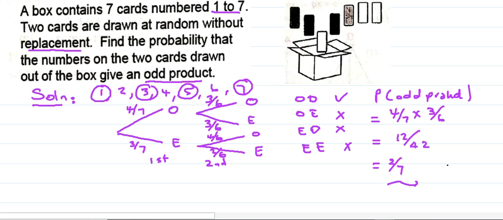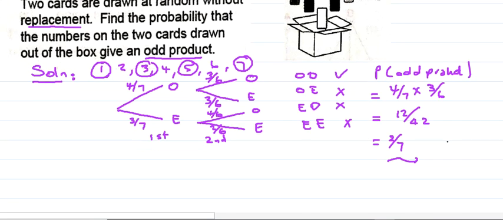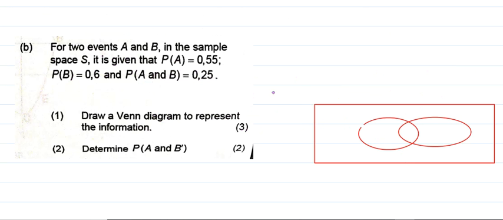We will now go on to our second problem in probability. Right, in our second example, we are looking at a Venn diagram example.